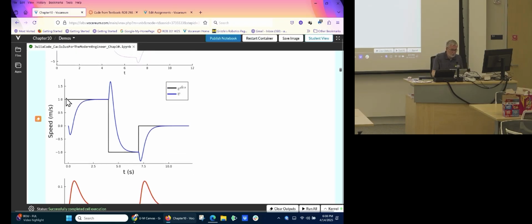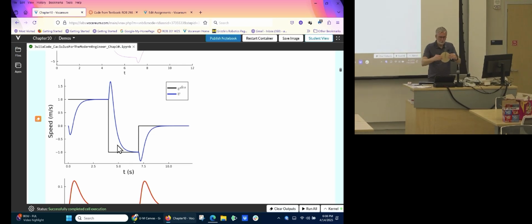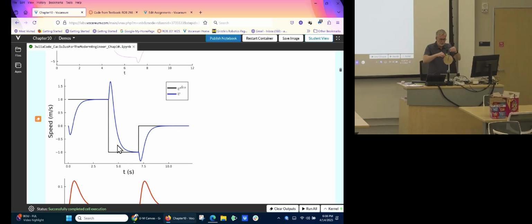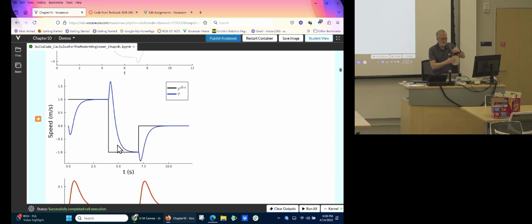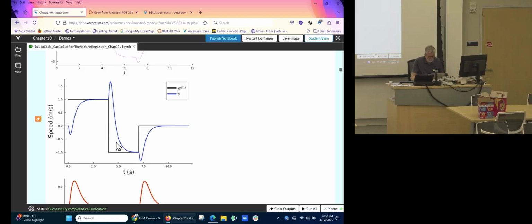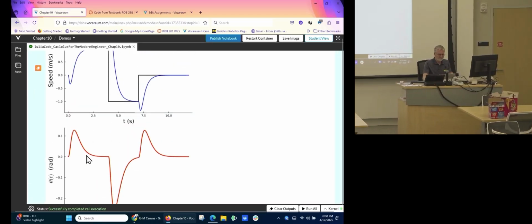But I step the speed at 1 meter per second, then at -1 meter per second. Okay, we're at constant speed. Now you want to go this way. We need to accelerate the base to get me leaning backwards, and now I can slow down and then start accelerating in this direction. Okay, so that's what's going on.